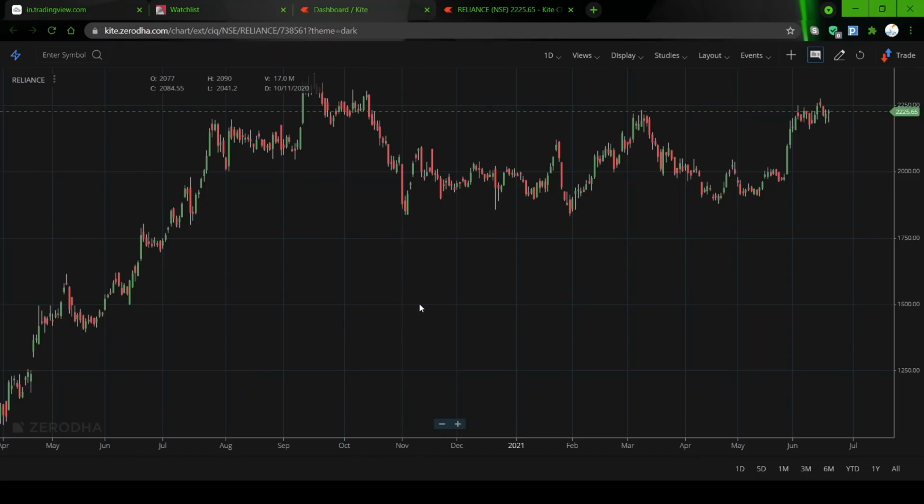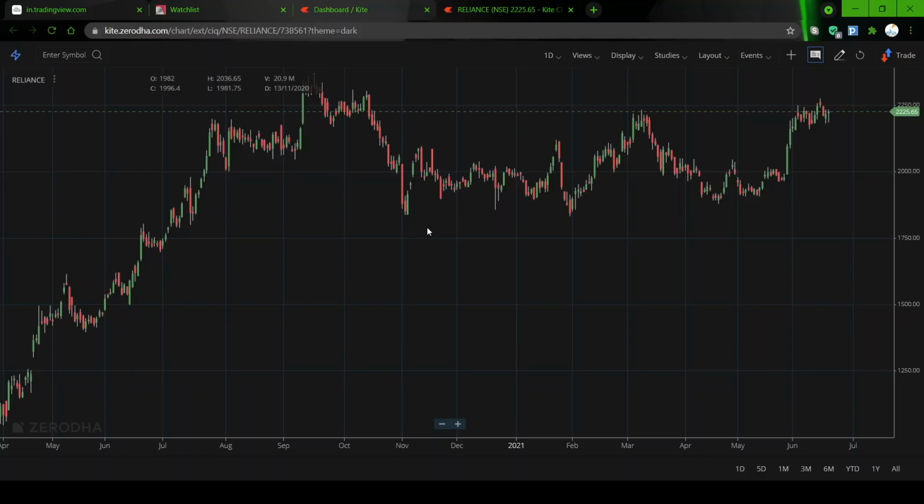Hello guys. Let's see how we will select the stock for doing a protective synthetic covered call. Right now I have opened the stock Reliance. Let us see how we will decide whether this stock is good for doing the protective synthetic covered call.